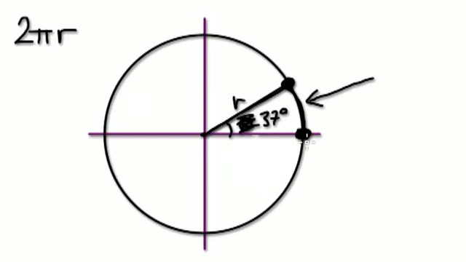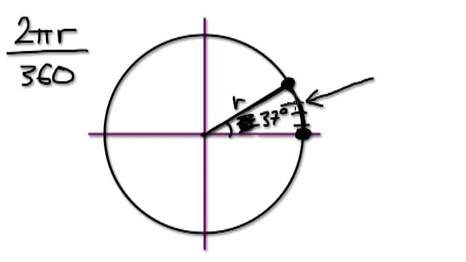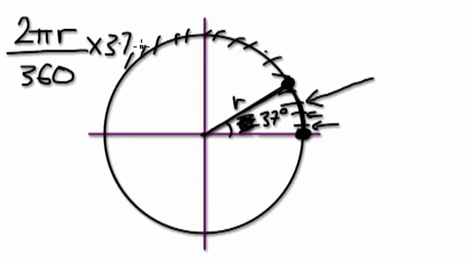So 2 pi r would give us the whole distance here, and then you would cut it into 360 equal pieces. And then because you've made an angle of 37 degrees, you in effect would need 37 of these little pieces. So you would then times 37.